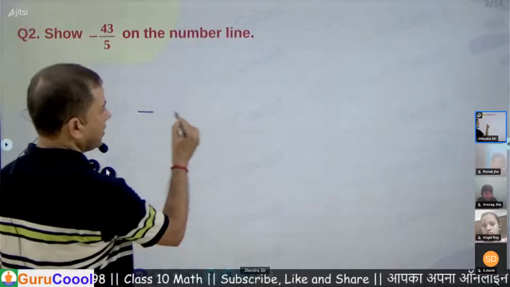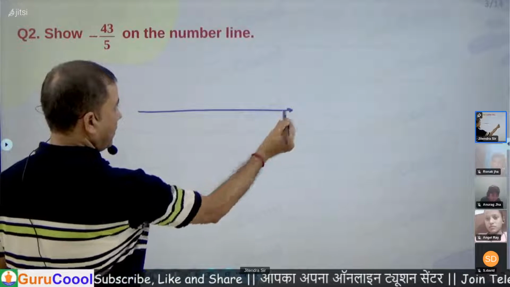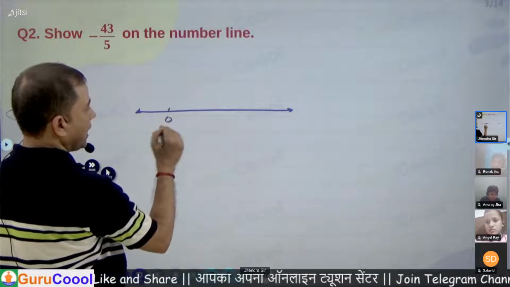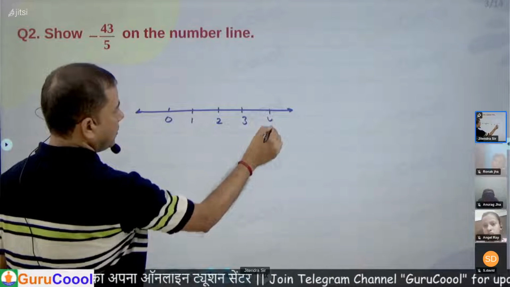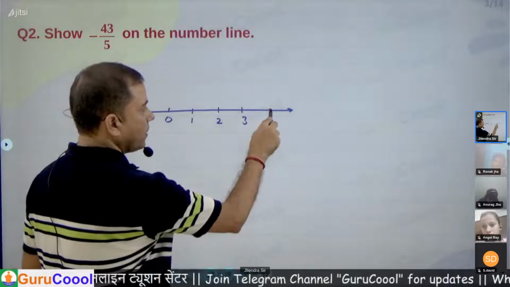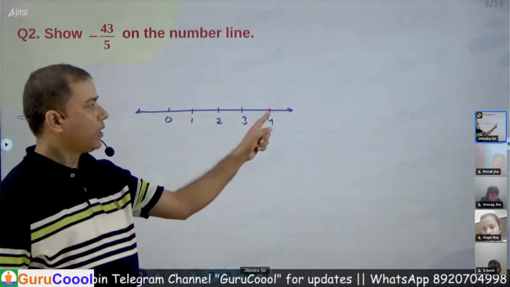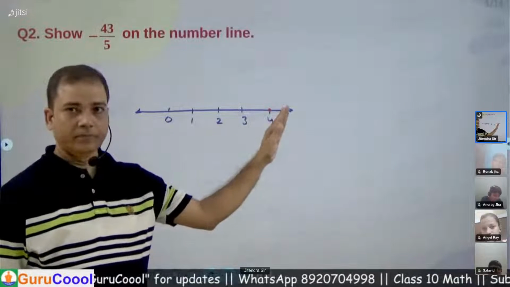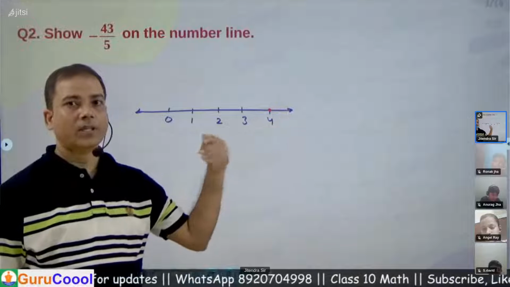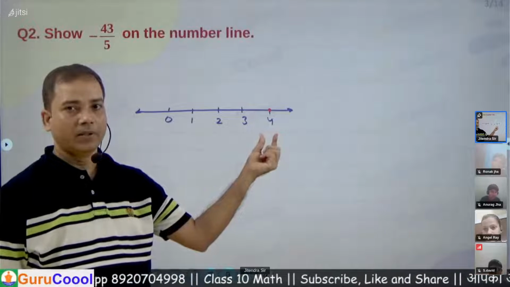If you draw a number line, you show numbers like 0, 1, 2, 3, 4. What is the meaning of this point 4? The meaning is that this point is 4 units away from 0 on the right side, because it's a positive number.